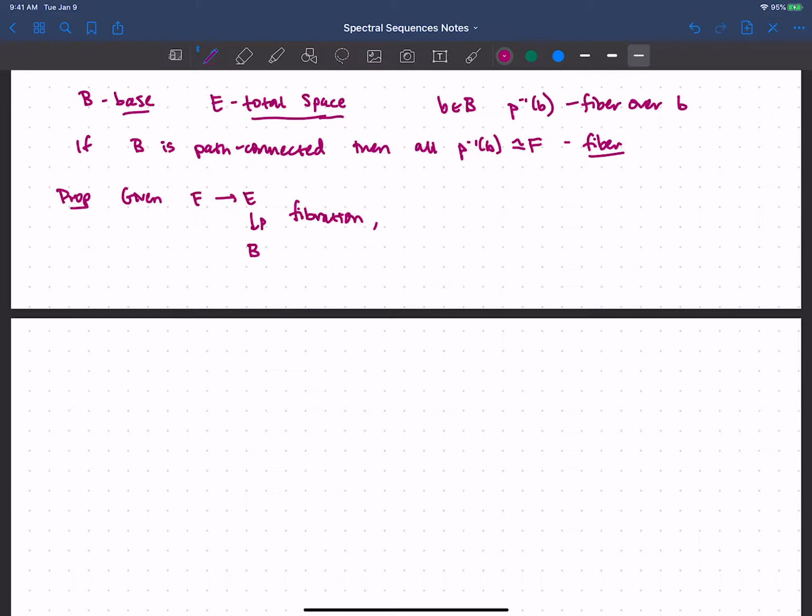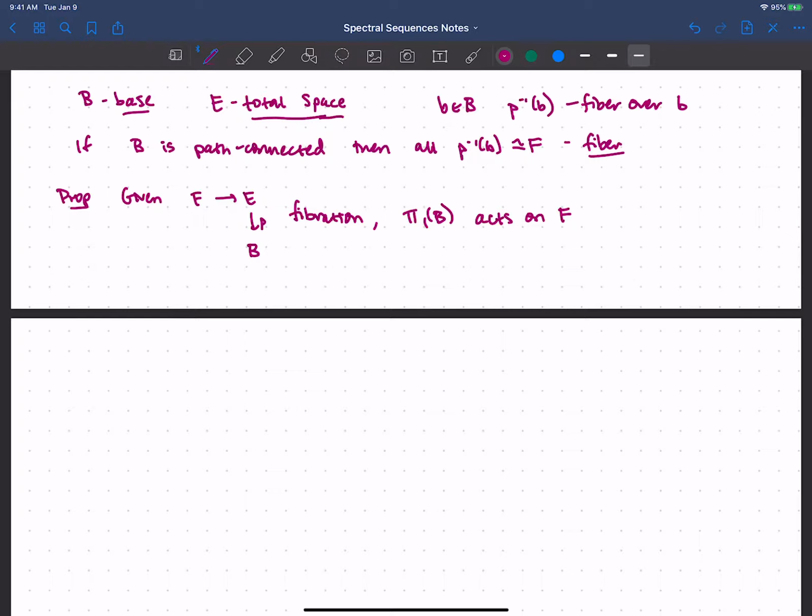You may not have seen this for fibrations in general in algebraic topology. Maybe you saw it for fiber bundles or for covers or something like that. But in any case, in this generality of a fibration, then as long as pi 1 of B acts on F. Getting ahead of myself up there.